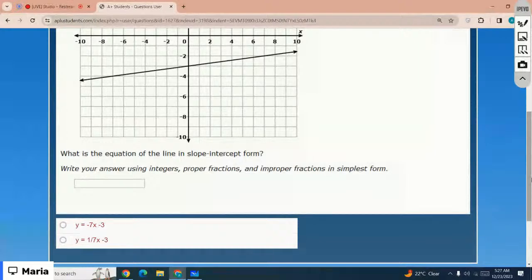Yes, the correct option is the second one. Y equals 1 over 7x minus 3. That is the correct option. The second equation is the correct option.